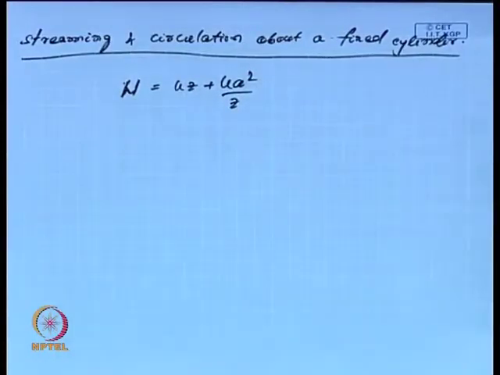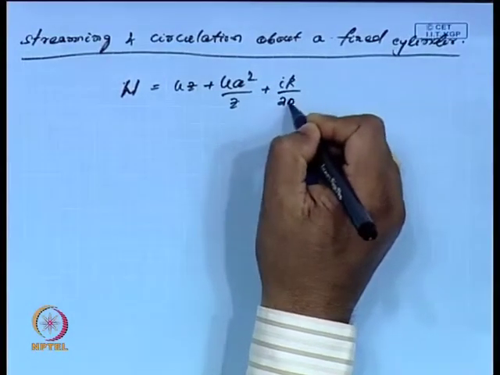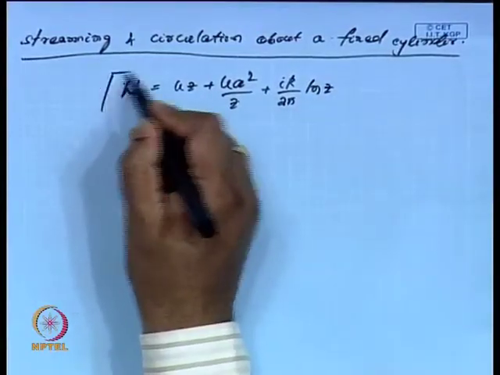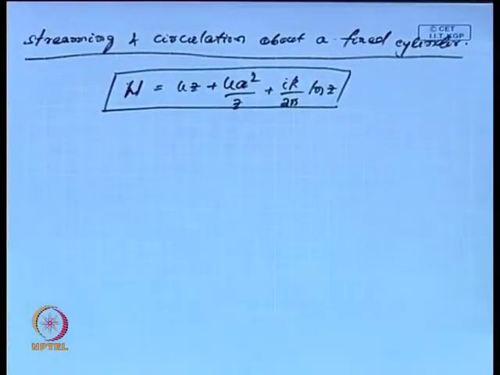And if I have introduced a circulation of strength k, then another term will be added to my potential, i k by 2 pi log z. So, this will be the complex potential for the uniform flow, a streaming motion as well as circulation about a fixed cylinder.